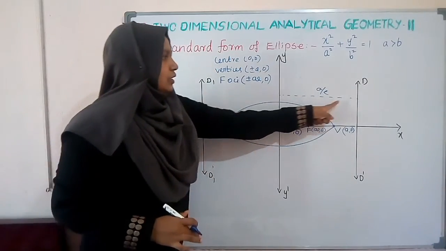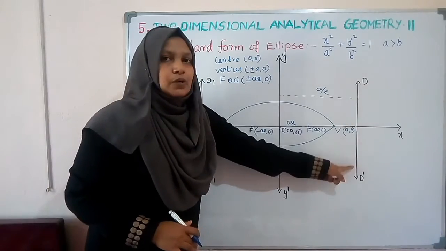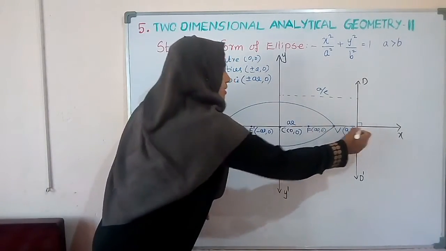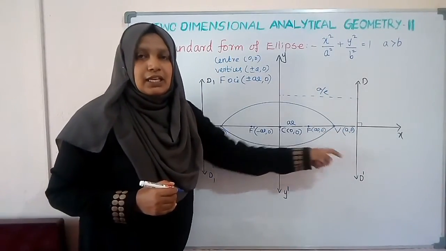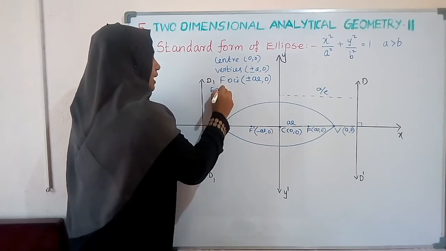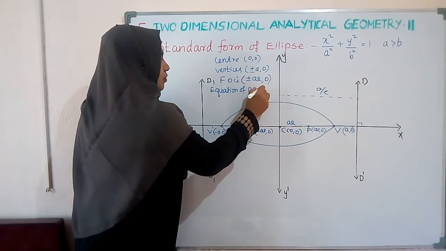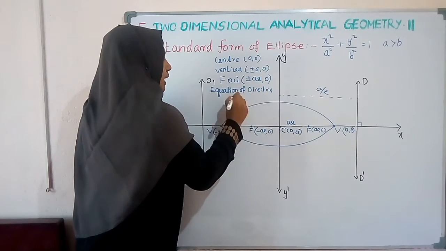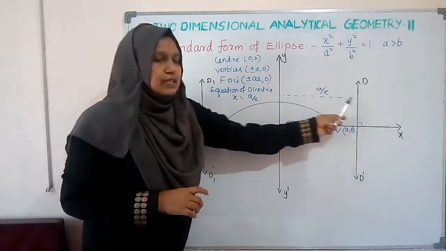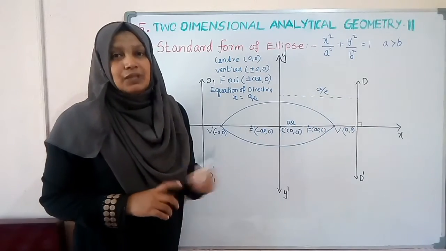Already you know it is perpendicular to x-axis, so how will you write the equation of directrix? It will be x is equal to a by e, because it is at a distance a by e and perpendicular to x-axis.